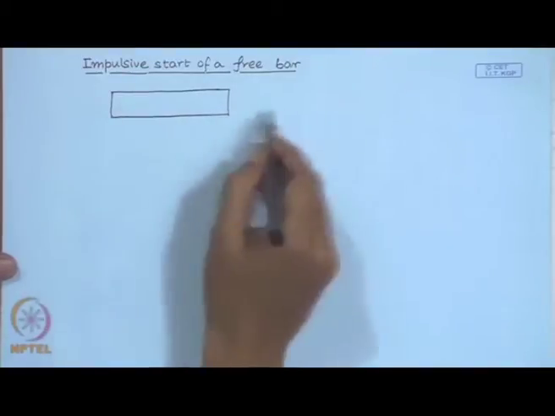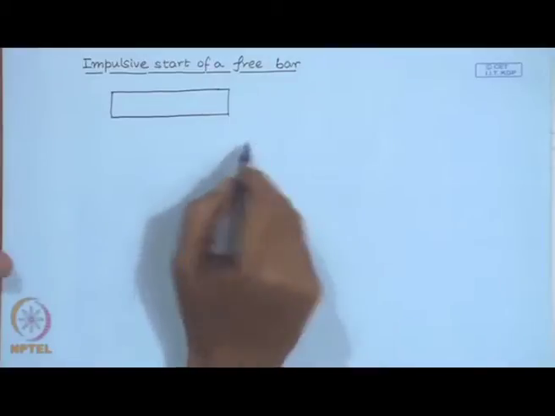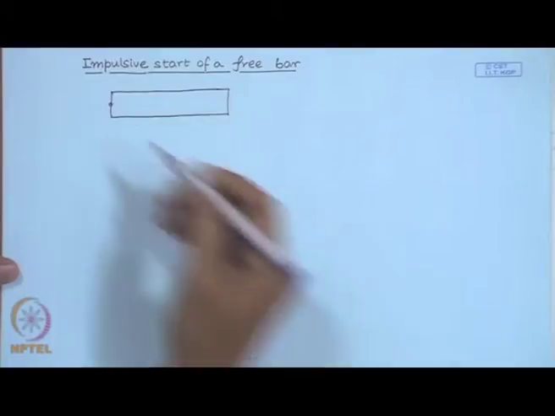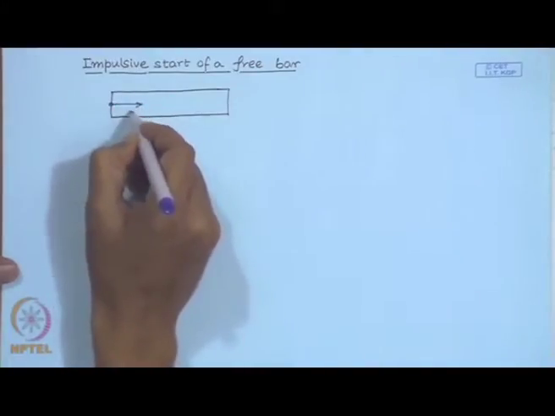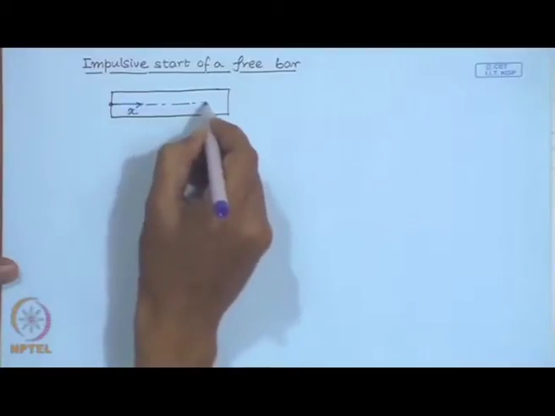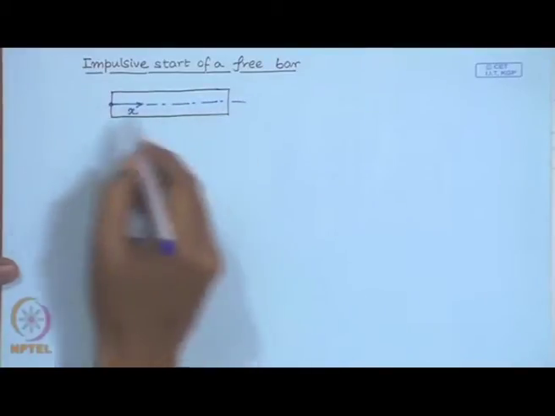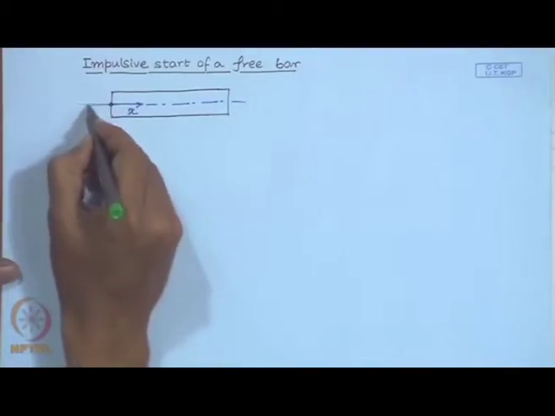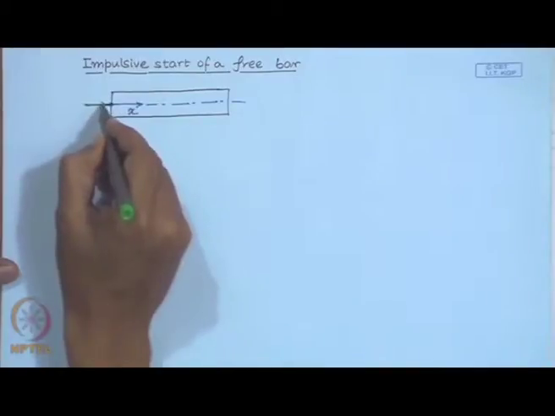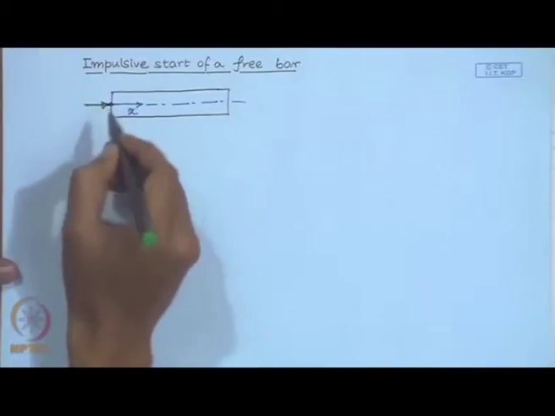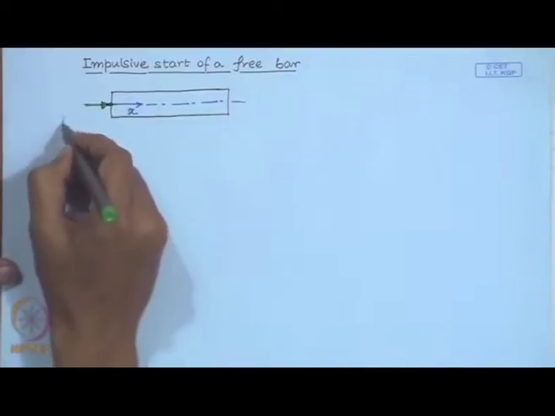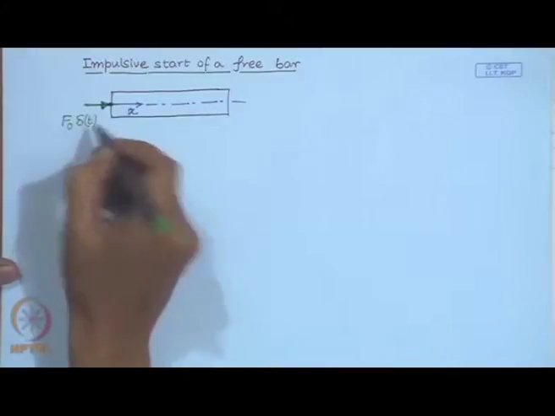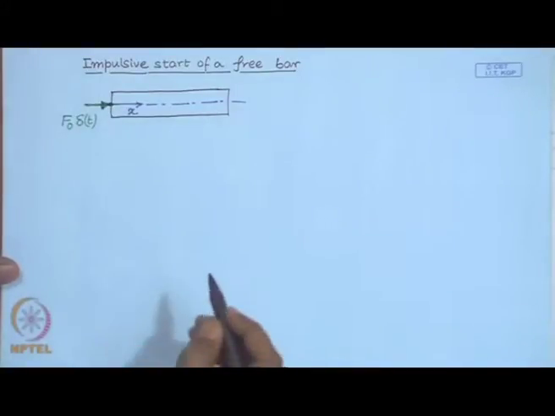So this bar can move only in the axial direction. This is a uniform free bar which is given a force of strength F naught, which is an impulsive force.